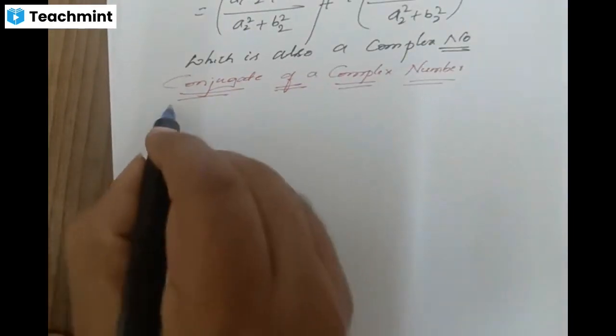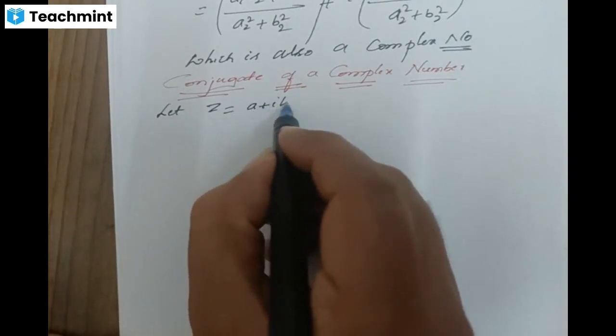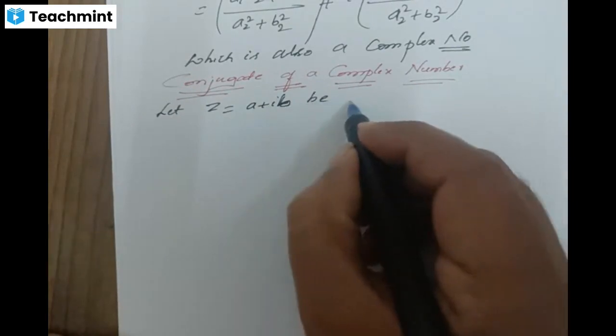So let z is equal to a plus ib, where a and b are real, so z is a complex number.